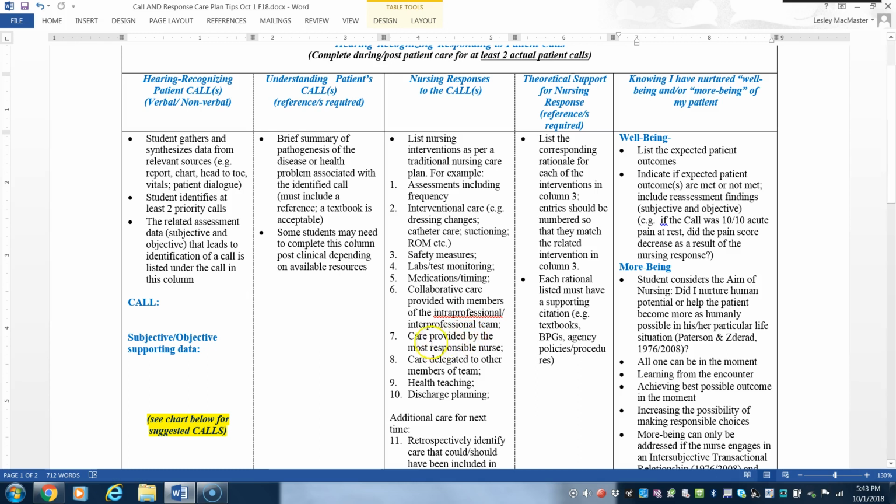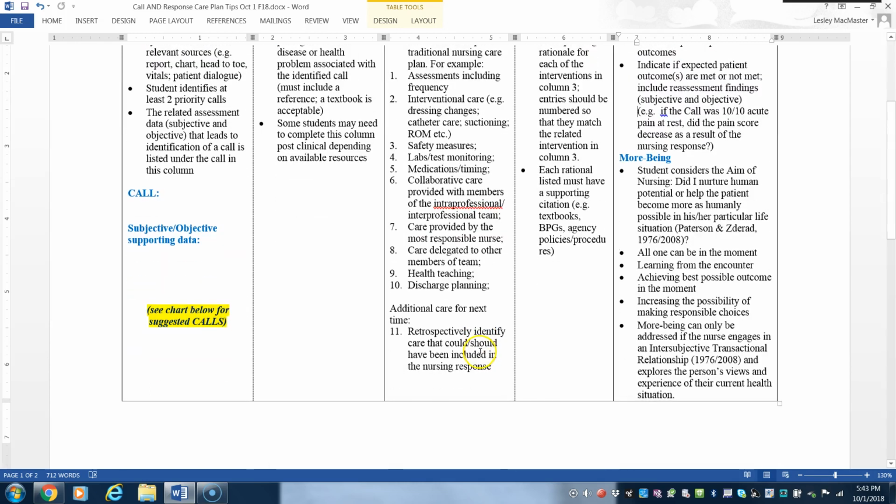Also, if care is provided by the nurse that's assigned to the patient, the registered staff assigned to the patient in the agency, then that can be included here, and it's just indicated that it was provided by the most responsible nurse. Some care may be delegated to other members of the team, and that could be included here if it's relevant. Any health teaching or discharge planning.